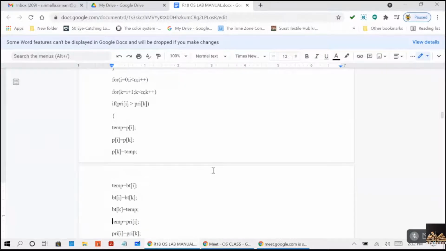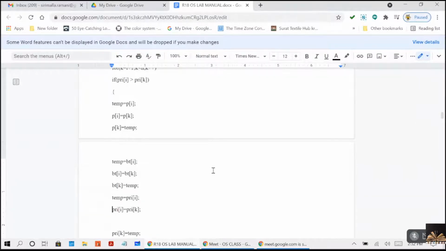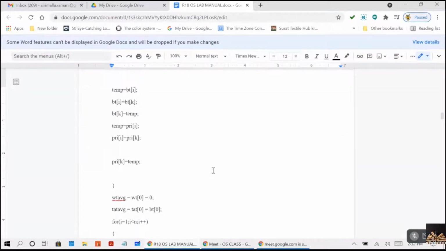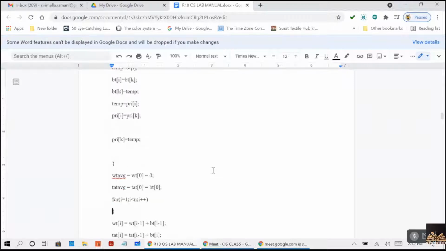So according to their priorities, you put them in order, here also in ascending order. The priority number which is less has the highest priority. That way you do it, and the remaining part is the same.